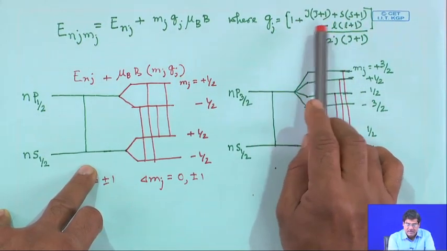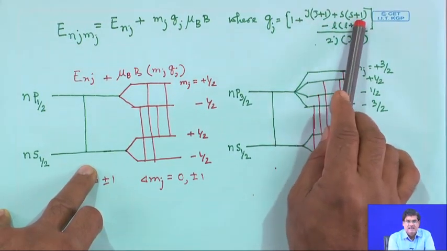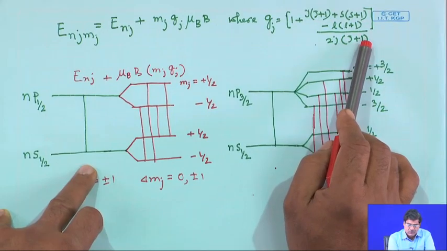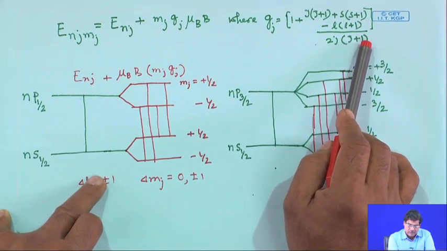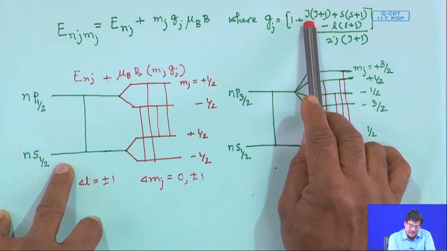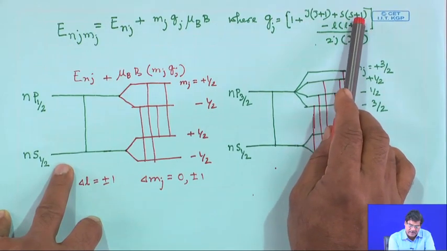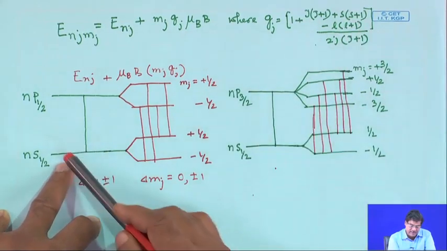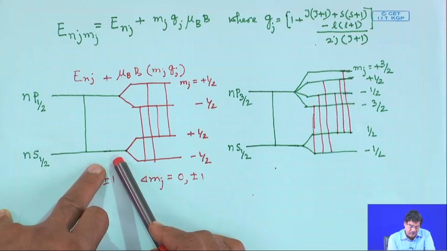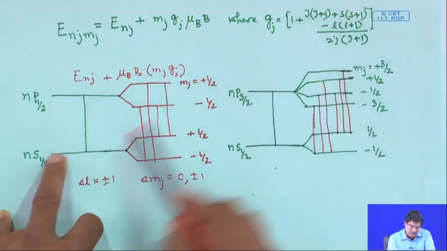That term depends on J, S, L. For a particular J, S and L, the g_J term will be the same for this level.